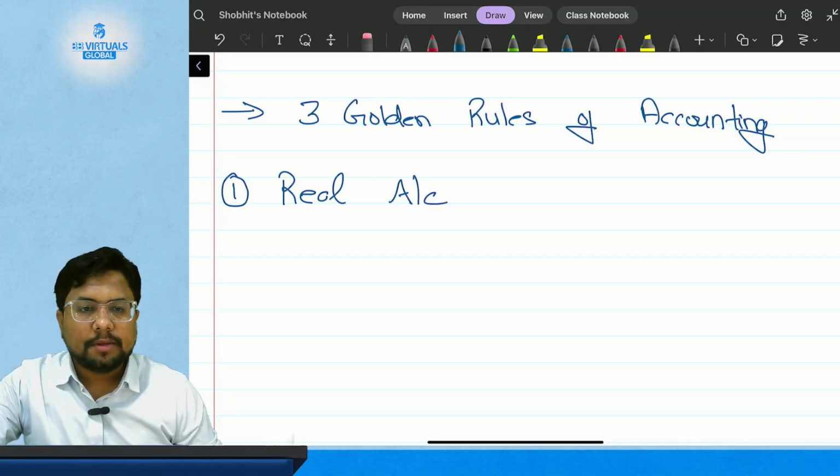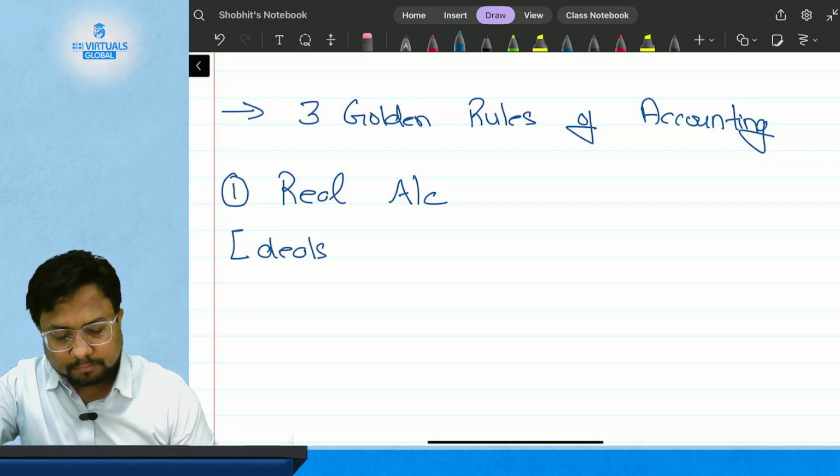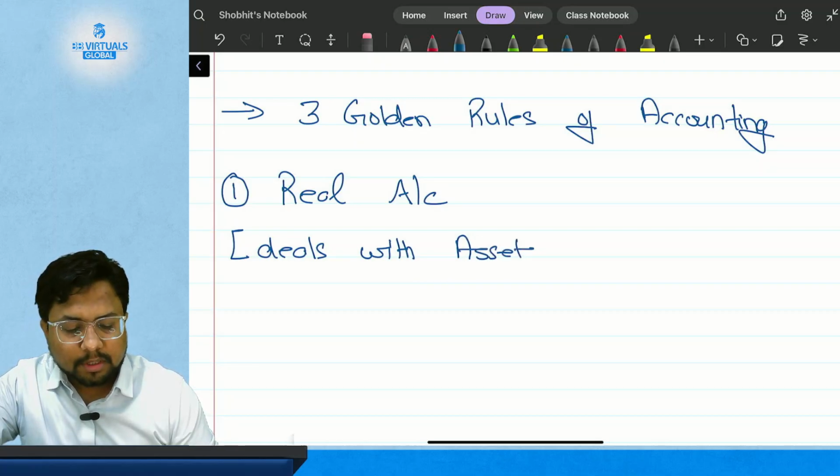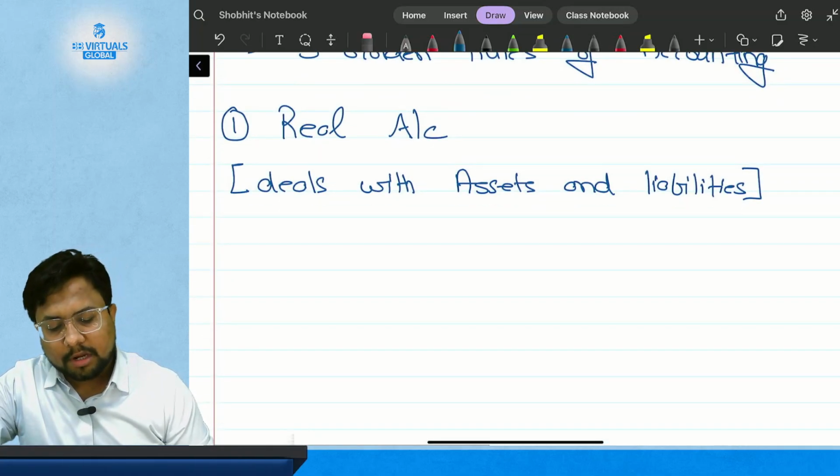It is regarding the real account, and what does it deal with? Real account deals with assets and liabilities. And what is the rule?